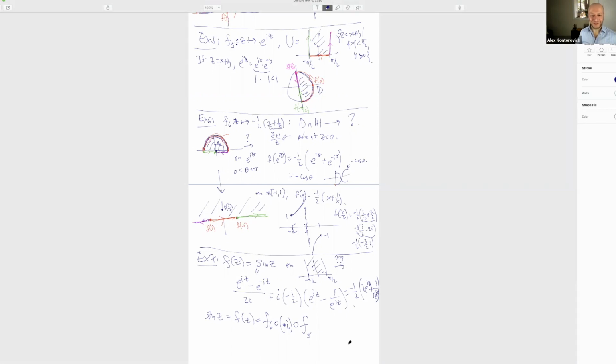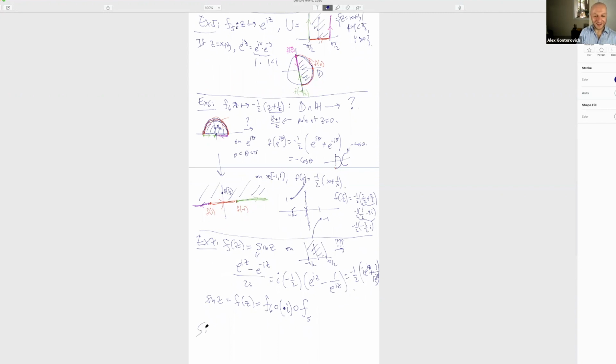And so what happens is sine of z takes this region under f5 to the half disk. Under times i, what happens when you multiply by i? It just rotates. And under f6, f6 takes this region to the upper half plane.